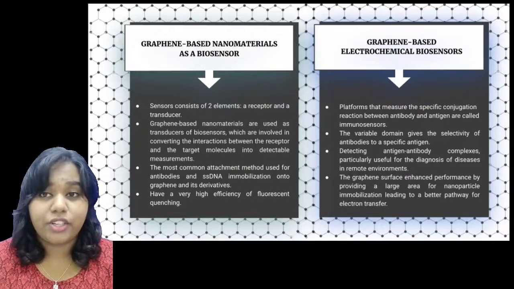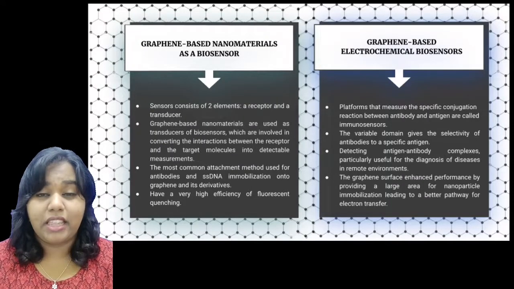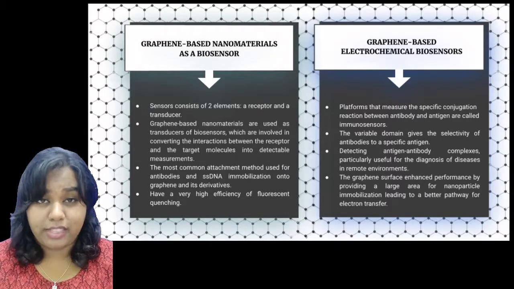The conjugated structure of graphene can facilitate the electron transfer between the bioreceptor and transducer, which can generate high signal sensitivity for electrochemical sensors.